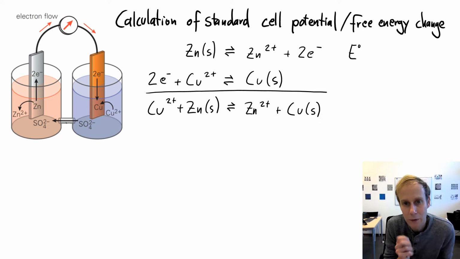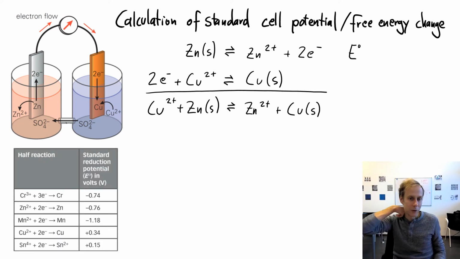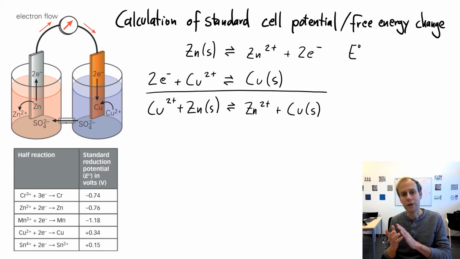Now we need to find out what are the potentials of each reaction that together make up this effective reaction. So first, the oxidation. The potential of that we can find out by looking at the standard reduction potentials, which are with respect to the standard hydrogen electrode.